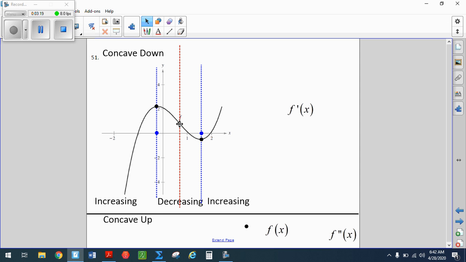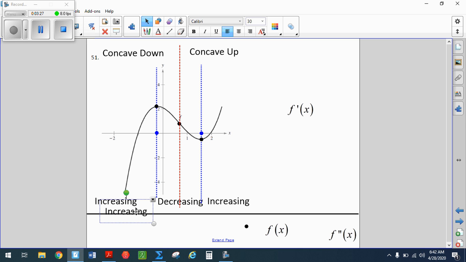From that point to positive infinity, my graph is concave up. So that tells me that my derivative, we'll just say y prime for quick sake. We'll make it look better than that.